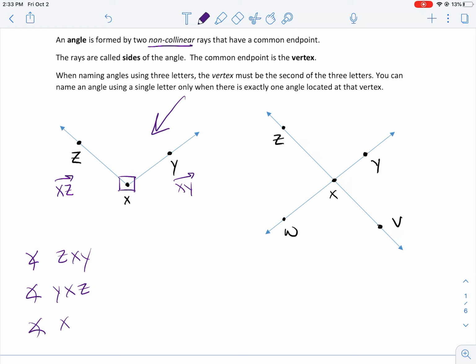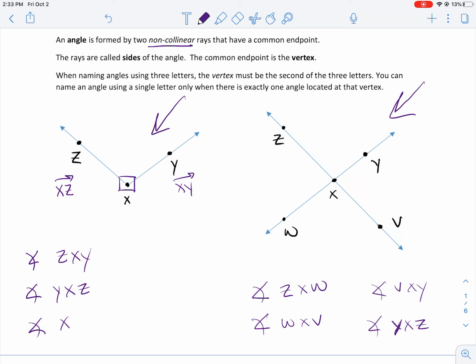If you look over to the right, we cannot name it, okay, in this example over here, we cannot name it angle X because we got 4 different angles there, okay? And so, if I wanted to name a particular angle from this bunch, I could go angle ZXW, angle WXV, angle VXY, angle YXZ.